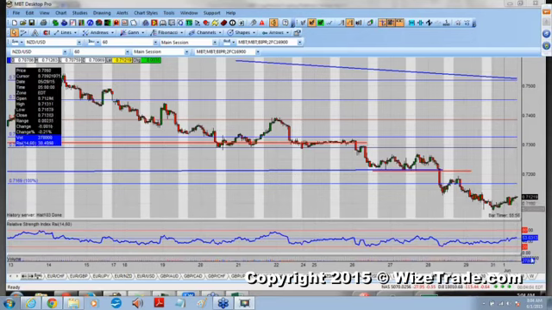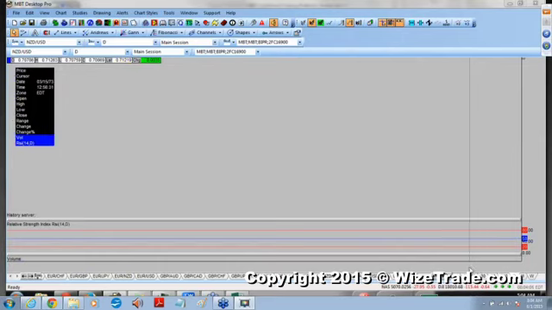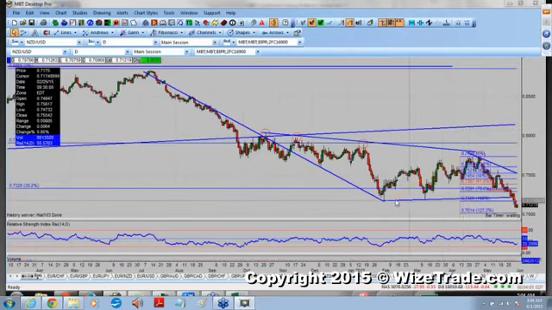Now, if you don't know the reason why, if you just go over to the daily chart, this support right here will come in at 71.70. Let me just make sure.